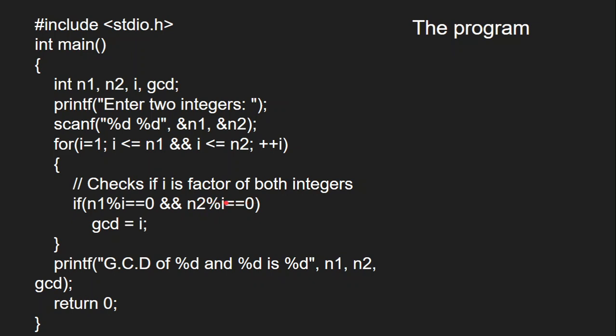We are checking with both relational operators whether the variable i, from the value 1 up to n1 and up to n2, gives the modulo value 0. That means if you divide the number by the i value and it does not leave any remainder, then that number is a divisor.